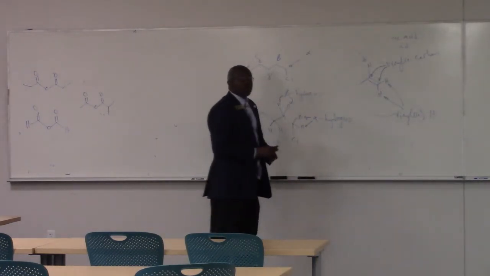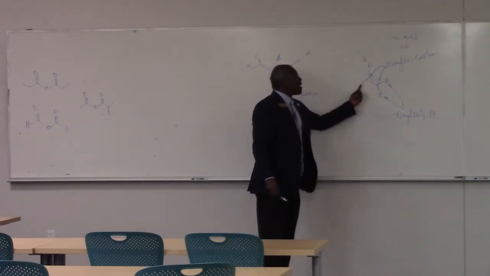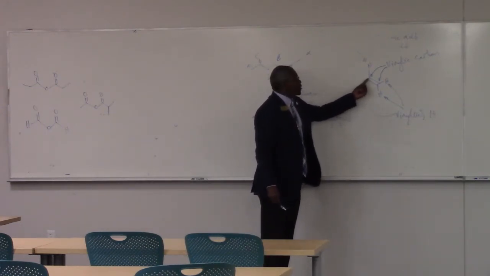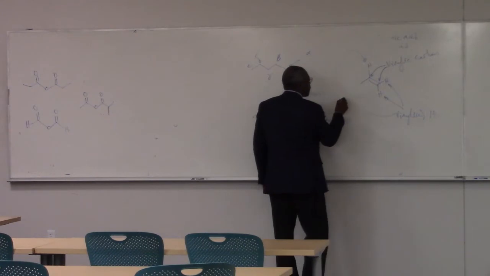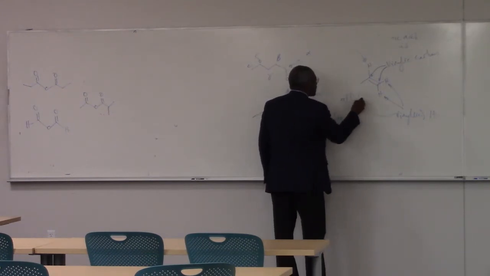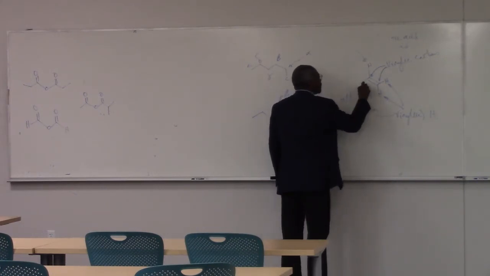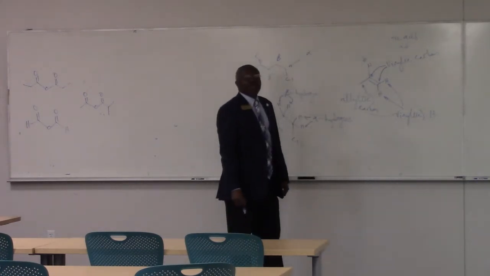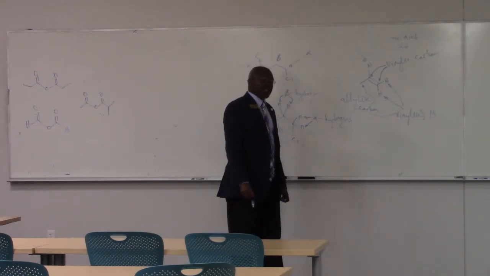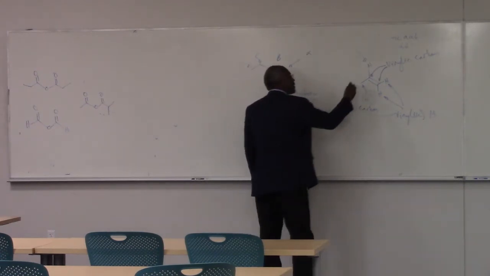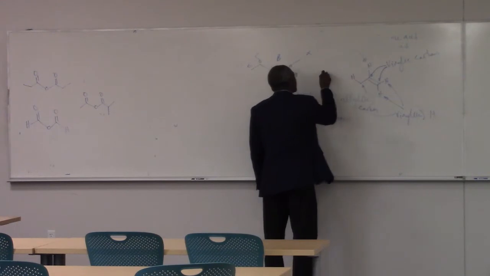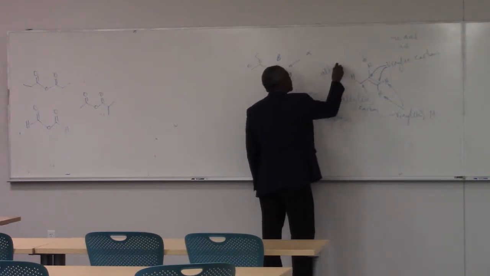I will point out that a carbon attached to a vinylic carbon is called an allylic or an allyl carbon. This is the allyl or the allylic carbon. Guess what the H's on the allylic carbon are called? Not surprisingly, these are called allylic or allyl H's.